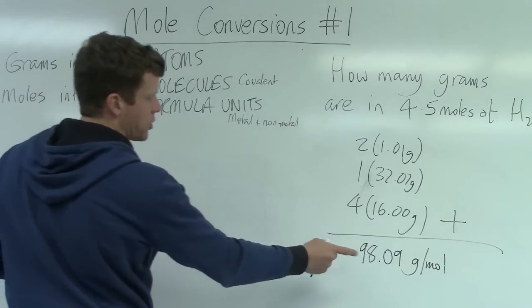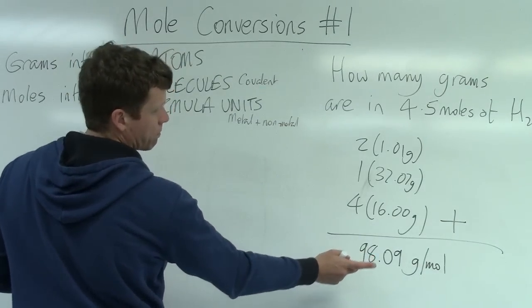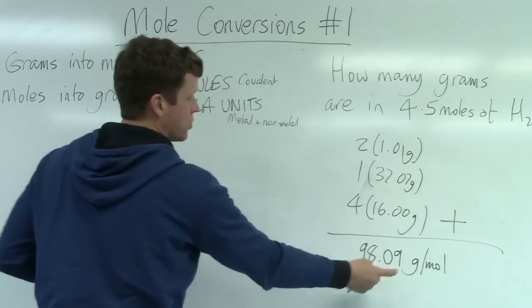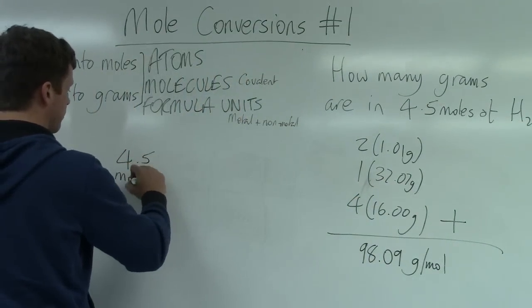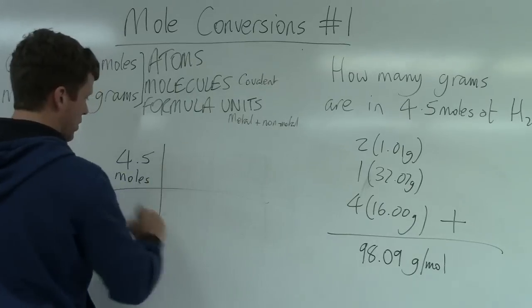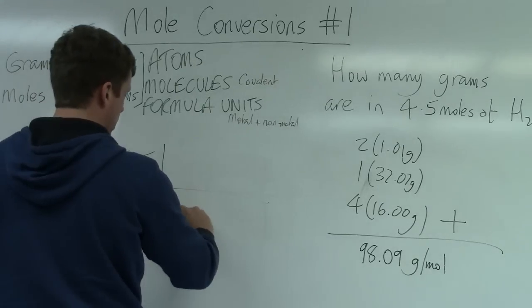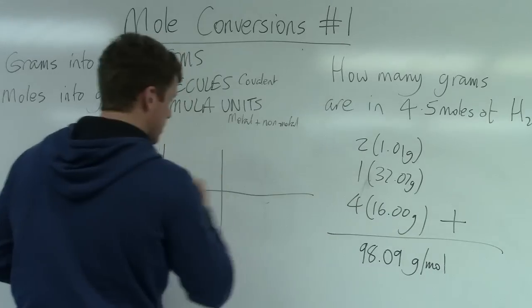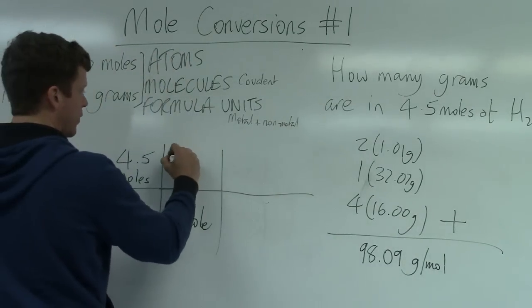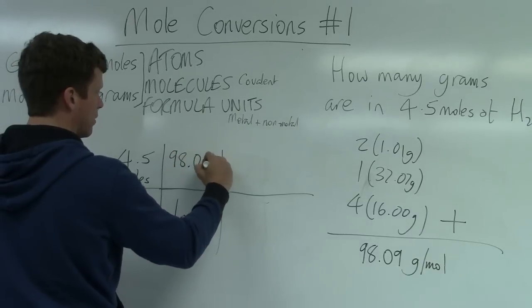So all we have to do now is change this number of moles into grams using this. So the value that I'm given is 4.5 moles. I know that I need moles down below, just like dimensional analysis, and then the conversion goes up here.